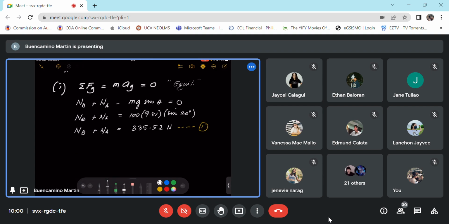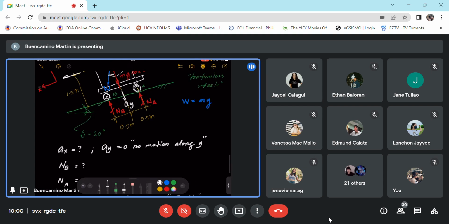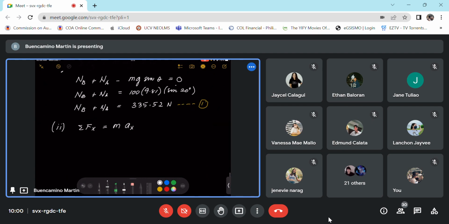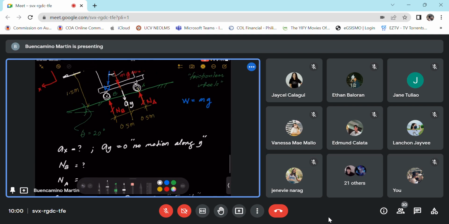Okay. And for the second equation of motion, obviously we now have the summation of forces acting along x equal to mass times acceleration along x. Now take note, this acceleration is always acting at the center of gravity of the cabinet. And what is that unbalanced force along x?